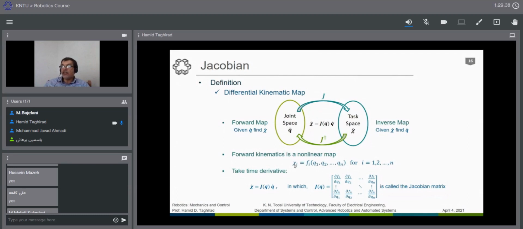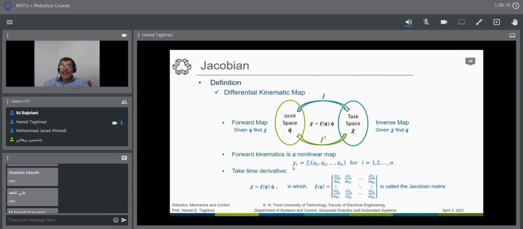Then by simple mathematics, the derivative of a nonlinear function gives you partial of f1 with respect to q1, partial of f1 with respect to q2, to qn, and this is a multivariable function f, so f1, f2, and so forth. Then you can put all these partial derivatives into a matrix, which we call the Jacobian matrix.